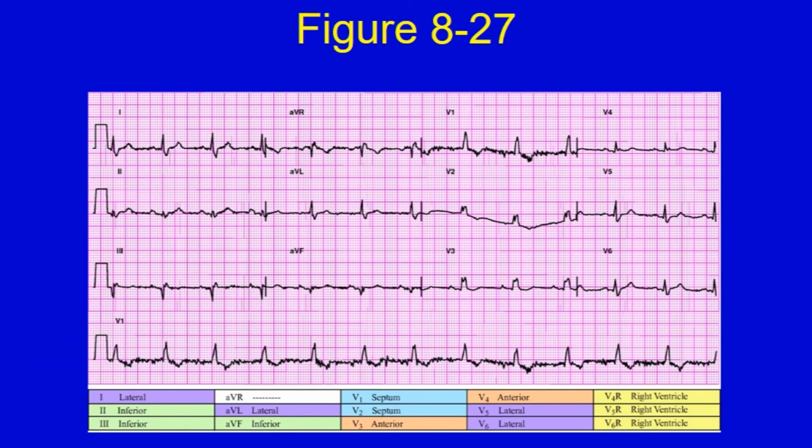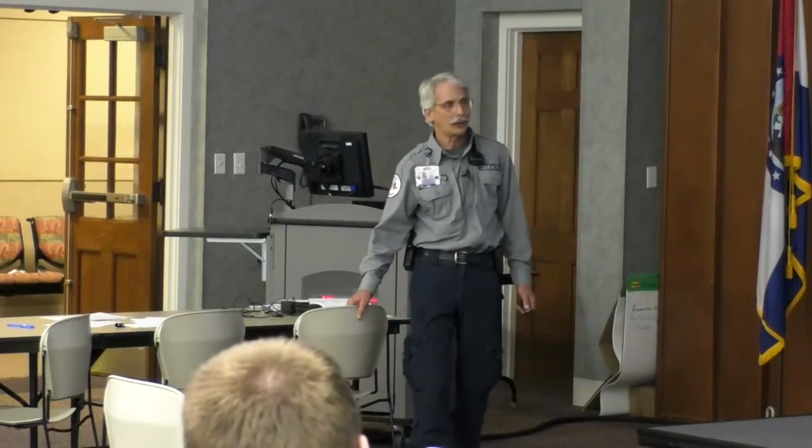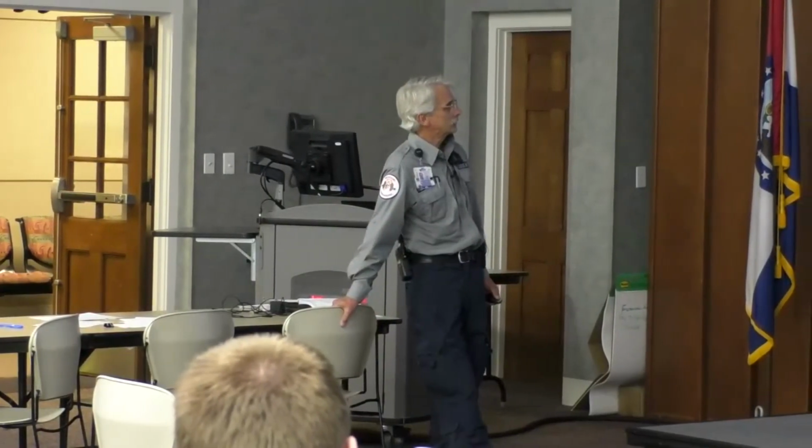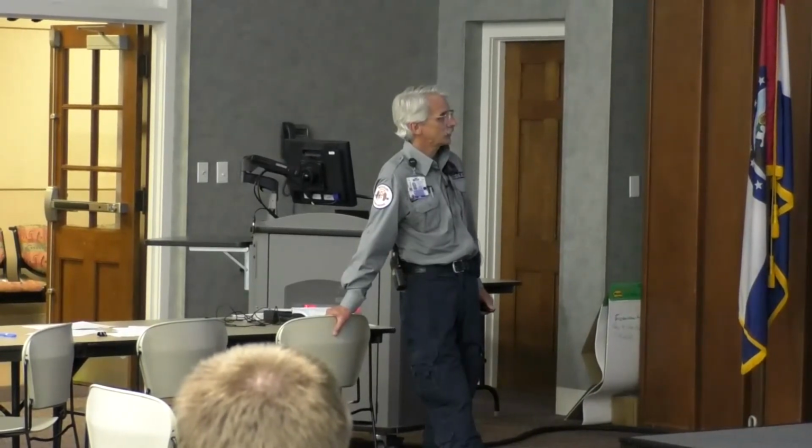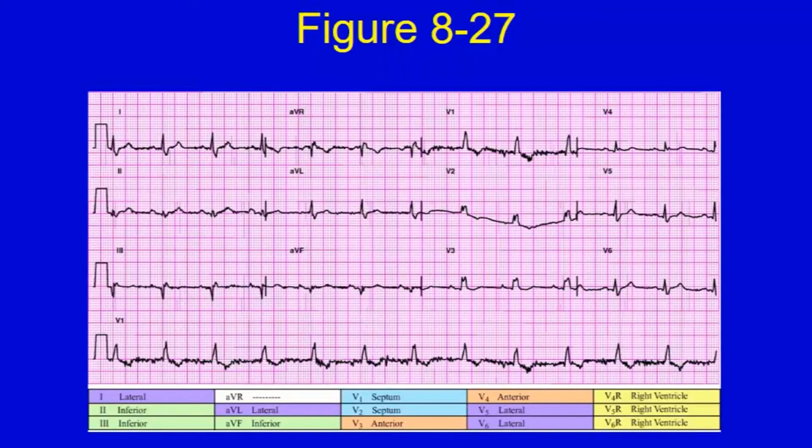All right, so are you seeing any elevation anywhere? Are there any Q waves anywhere? Just look for Q waves. Do me a favor and just look for Q waves. I can't see it. Well, maybe in V1, I might see them in V1, but they're very small.